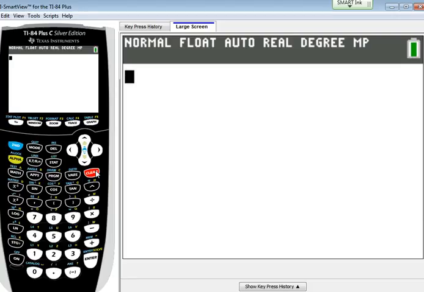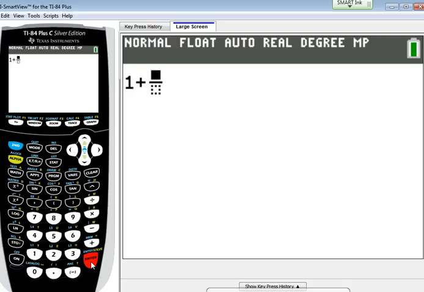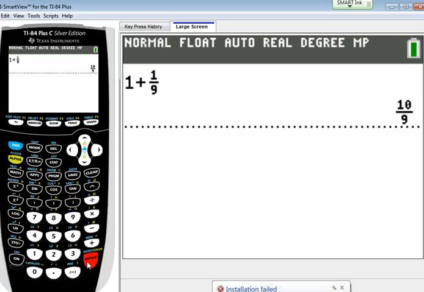If you weren't sure, I don't know if I showed you this yesterday, there's the alpha y equals. So 1 plus 1/9 gives you 10/9.